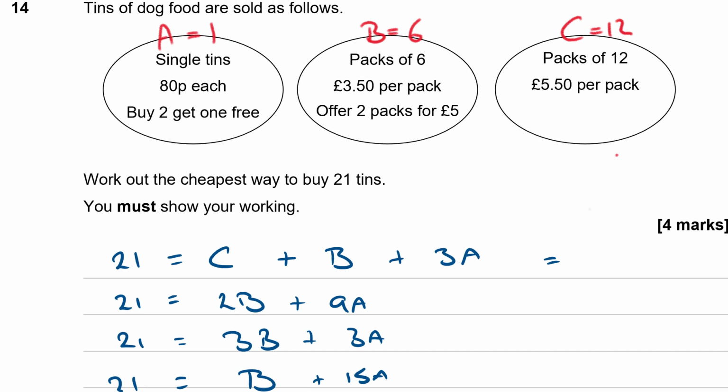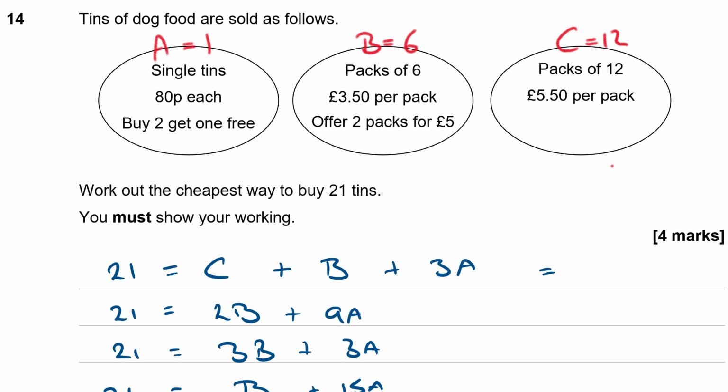So 1 C, 1 B and 3 A's. So a pack of 12 is 550, plus a B, which is 350, plus 3 lots of, well, 3A is a special offer, isn't it?